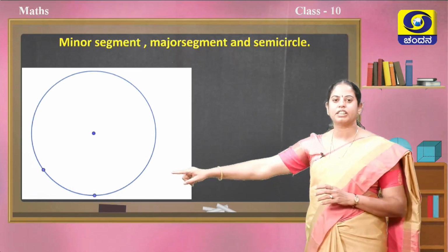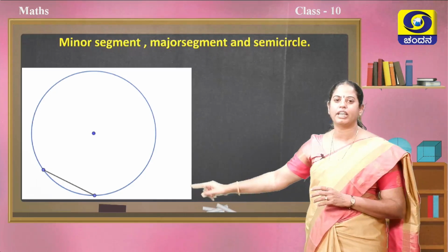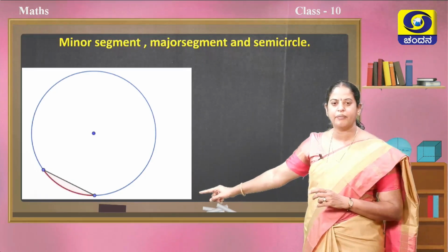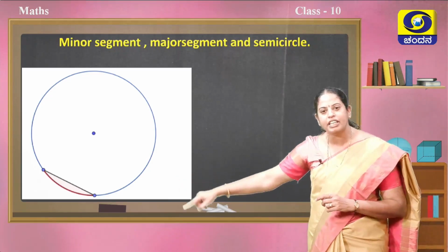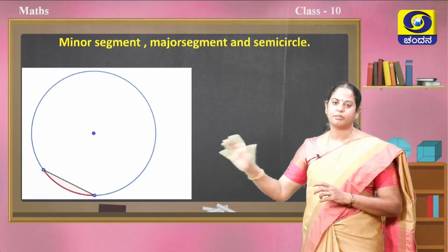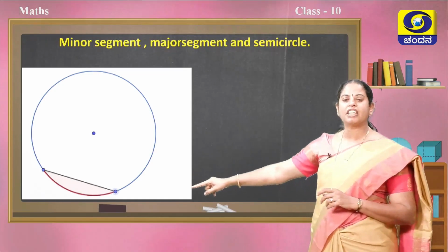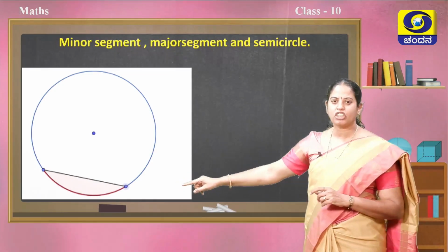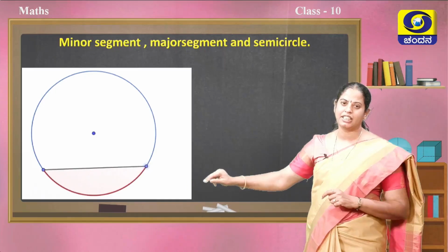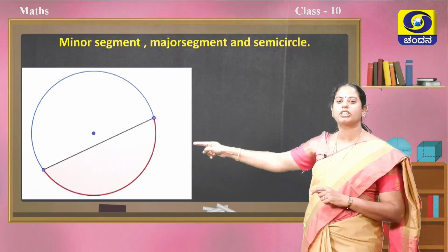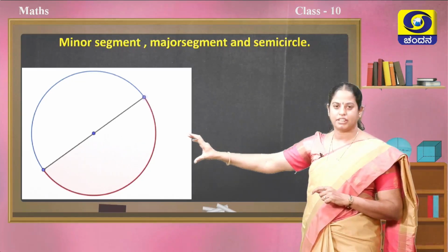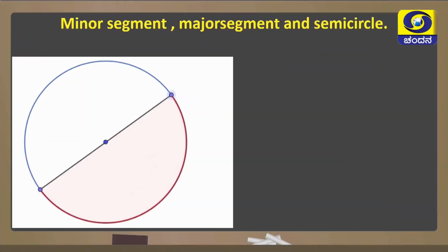Here I have marked 2 points and drawn a line segment. That part of the circle which is bounded by a chord and an arc is called a segment. Here, the length of the arc is less, so we call that a minor arc. When the length of the chord changes, the length of the arc also changes and the part of the circle also becomes larger.